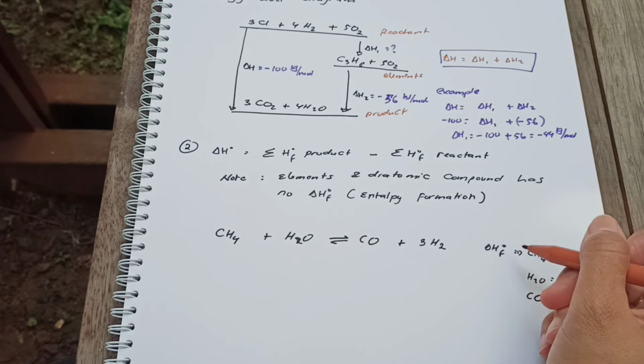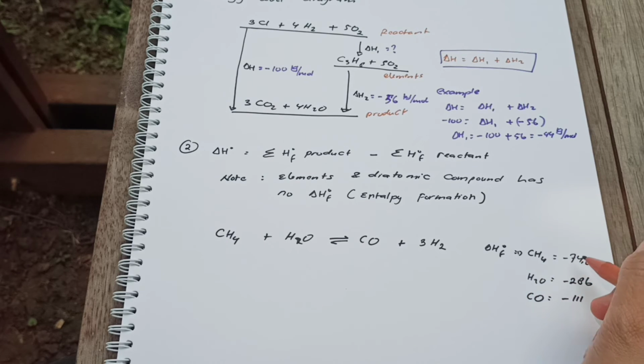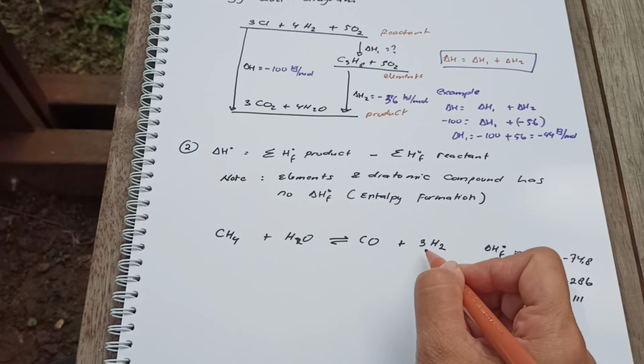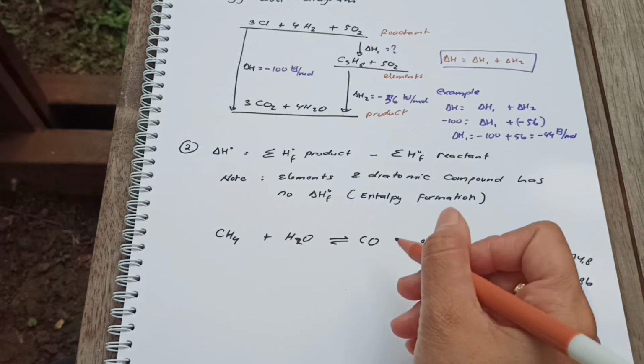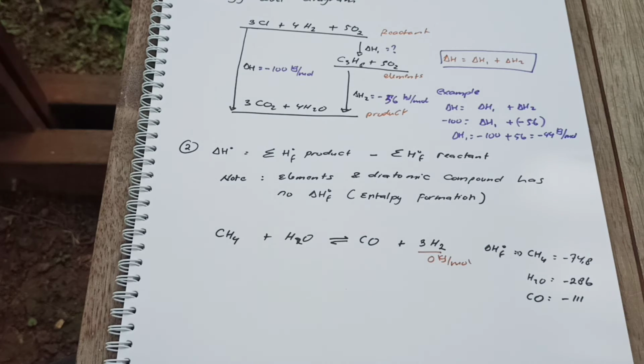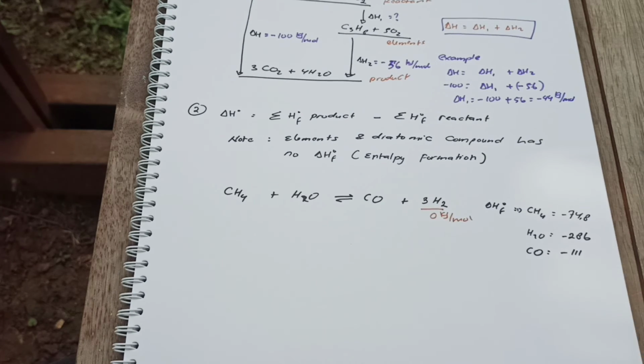The enthalpy of formation for CH4 is minus 74.8, for water is minus 286, and for carbon monoxide is minus 111. This one we do not give, because the enthalpy of formation is 0 kilojoule per mole. Hydrogen is already there in nature.